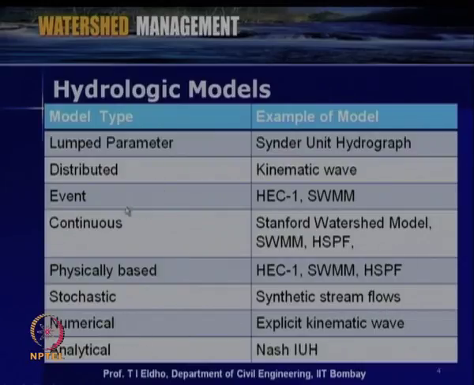In all these, many times we have to go for numerical techniques. So, it can be numerical or analytical. Numerical, like dynamic wave, diffusion wave or kinematic wave, or sometimes, depending upon the equations and problems, some simplified analytical solutions are available, like instantaneous unit hydrograph or the analytical solution to kinematic wave as we discussed earlier.